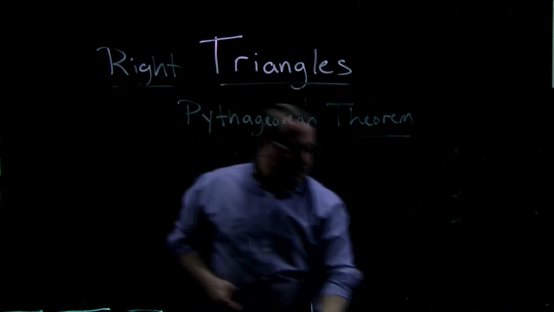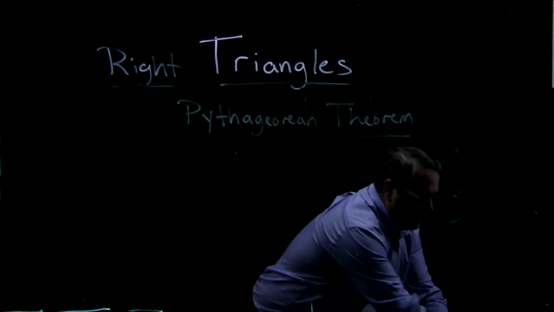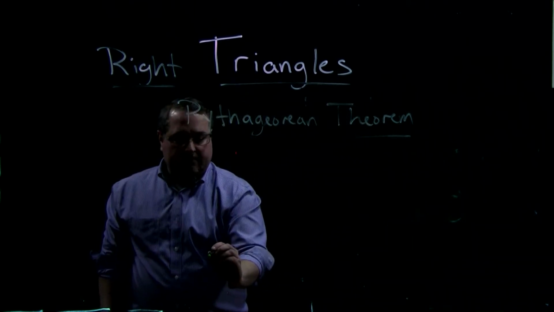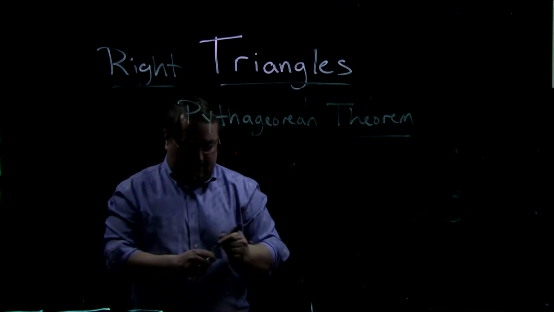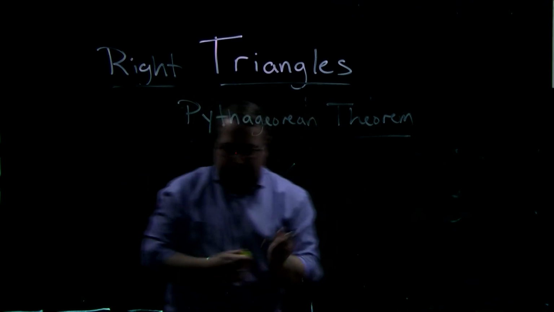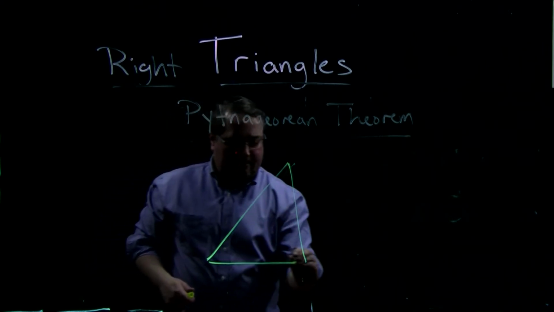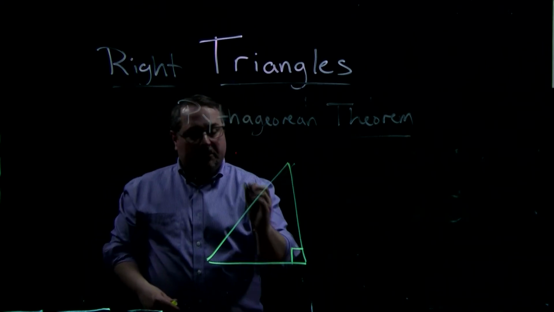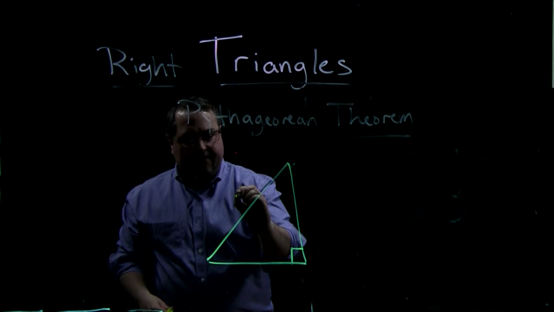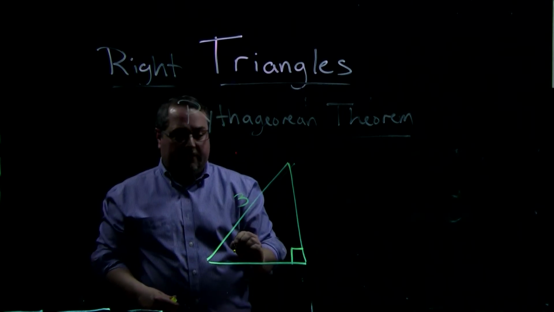All right, so let's suppose we have a right triangle whose hypotenuse has length 3.